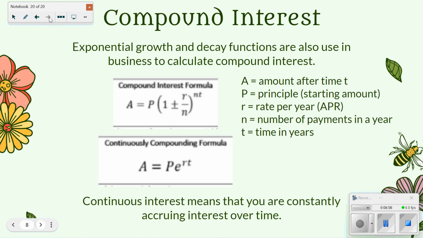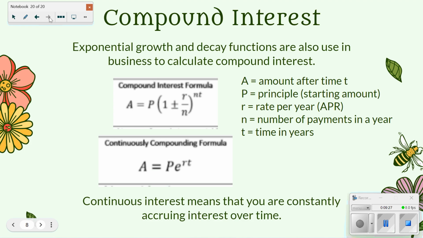You're always only going to be using the addition symbol here because it's an investment. Thinking about investing into a bank account or savings account, you have an interest rate, and that is going to be increasing over time because banks want you to put your money into their accounts. They're going to give you money back over time.